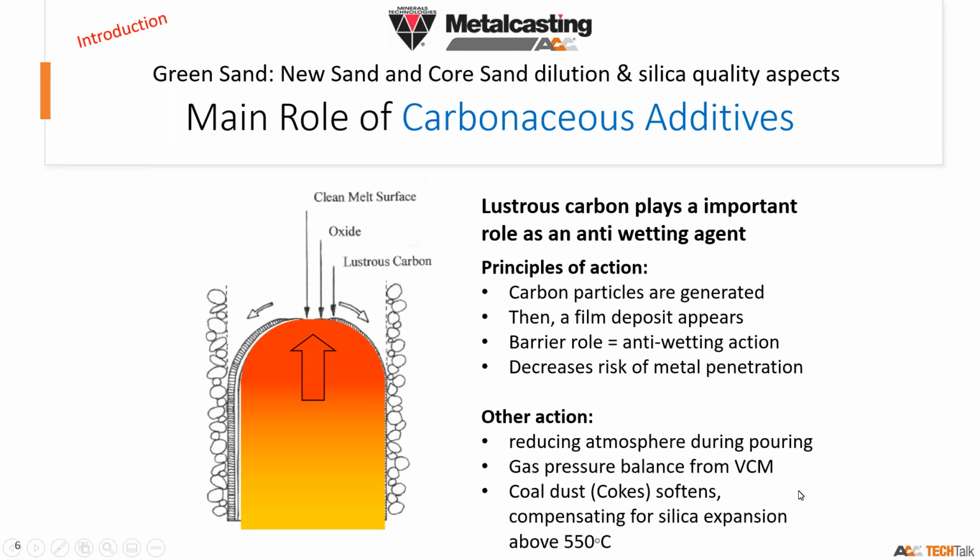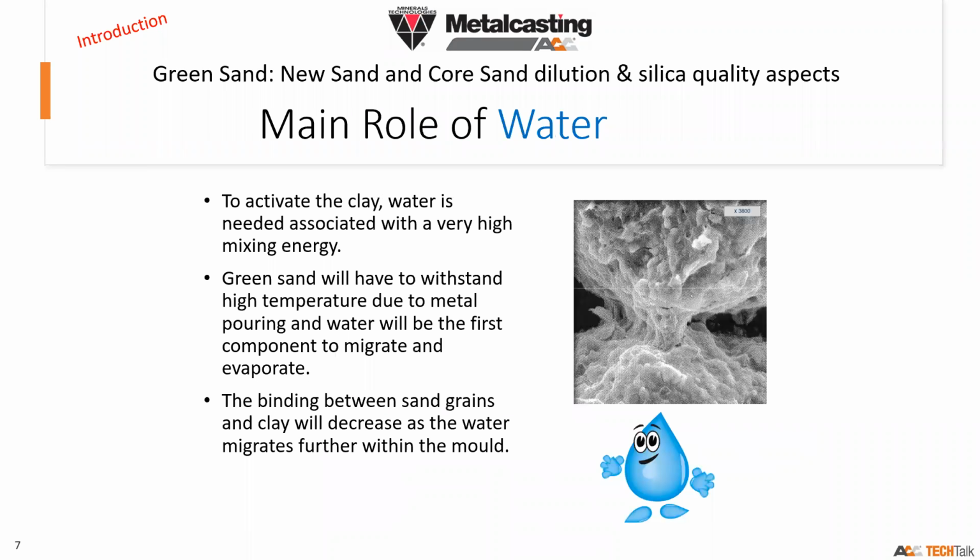And it's a good point to discuss that today because we will really explain the question of silica expansion a bit later during this presentation. And the final one, the fourth component, is water. Water is to activate the clay. Water is needed also with a high mixing energy to be efficient.